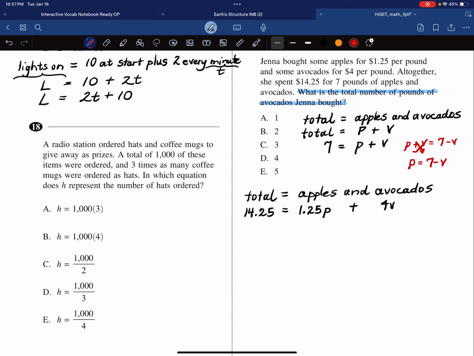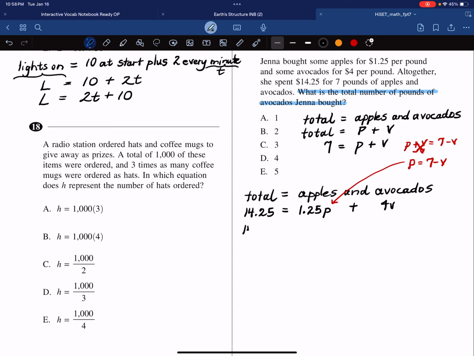The reason I want the apples is because I want to be able to plug this in right here, like so. I started to re-record this, and I maybe should have, but I want you to see that I make mistakes, especially on problems like this, because they hurt my head.